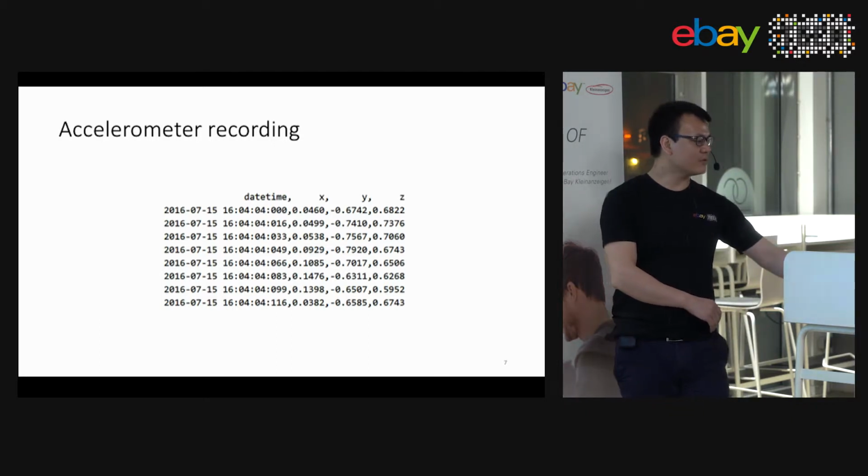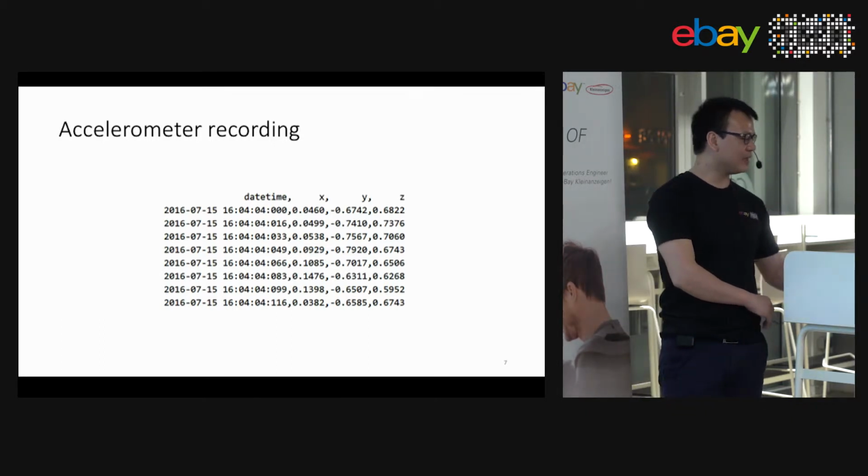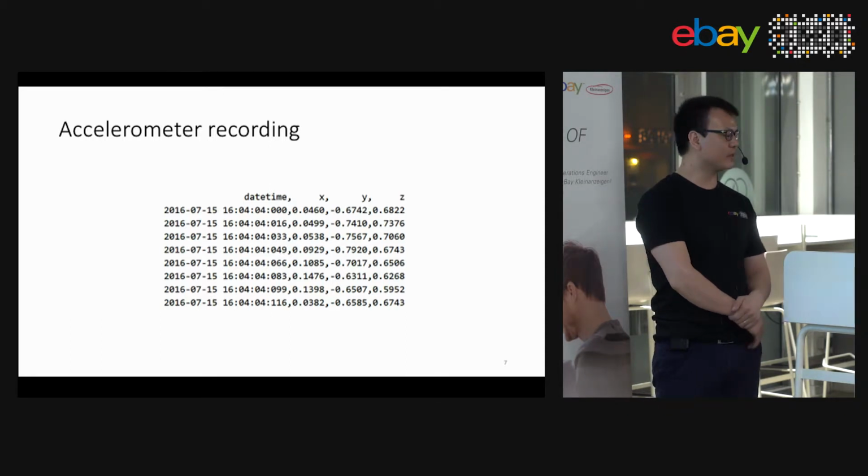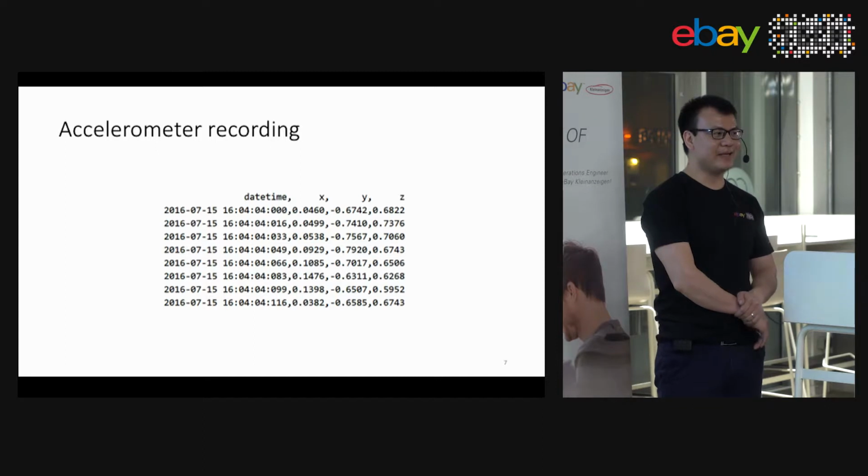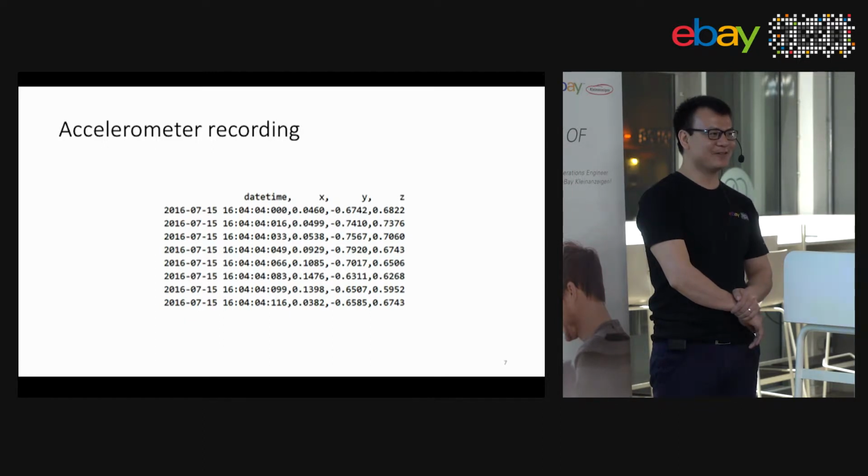We also see that all these numbers are between the range of -1 and 1. Maybe you expect that the data is in the range of -9.7 to 9.7. The 9.7 is the Earth's gravity. But this data set is normalized.